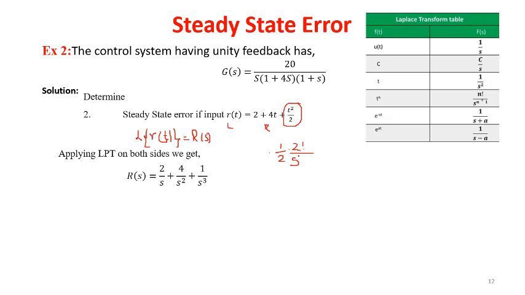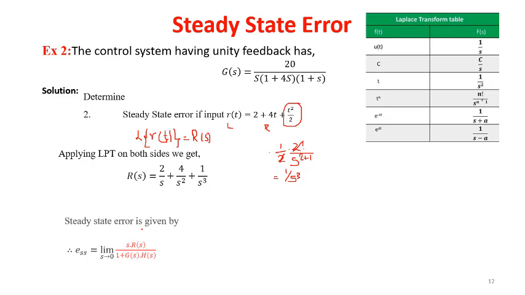Here n is 2, so n plus 1 is 3. The 2 factorial and the 2 get cancelled, so we get 1 divided by s to the power 3. Hence the Laplace transform of t square divided by 2 is 1 divided by s cube. Laplace transform of 4t is 4 divided by s square. Laplace transform of 2, a constant, is c by s, so it is 2 by s.